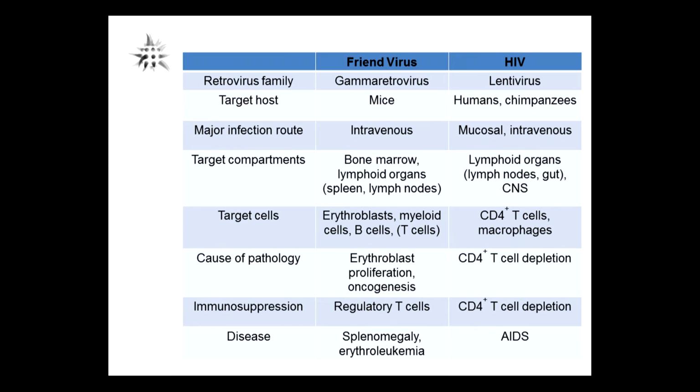Like in HIV, there is of course loss of CD4 T cells and we get the typical AIDS picture, but in the Friend virus model we also see cancer development in the mice as erythroleukemia. So they are developing a direct cancer caused by the Friend virus.